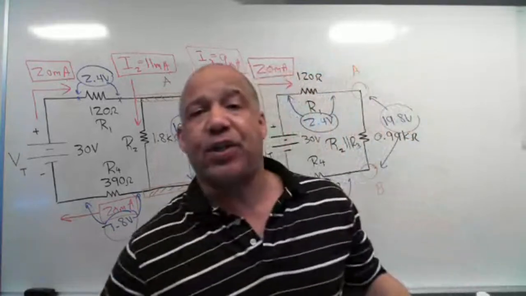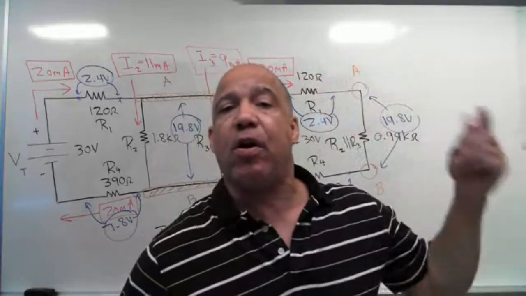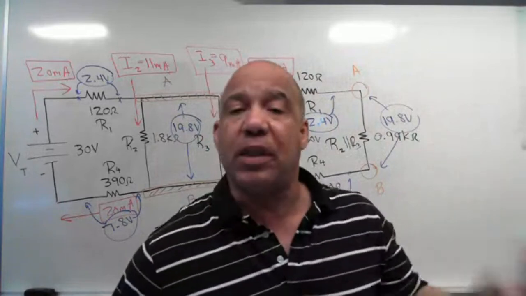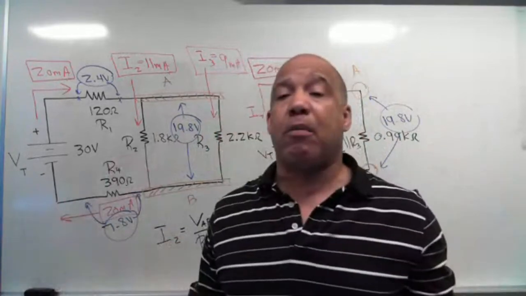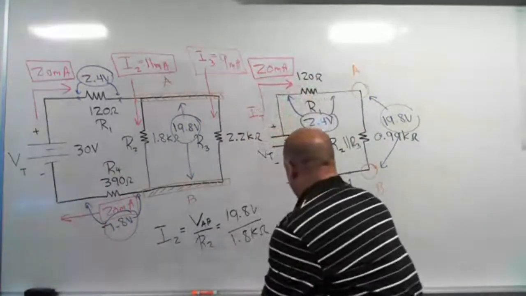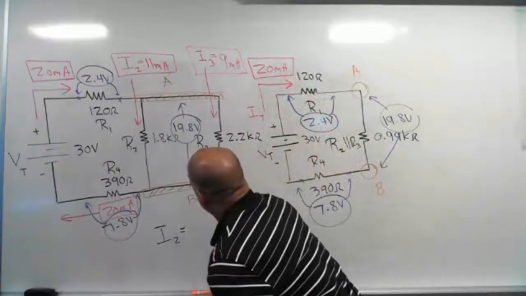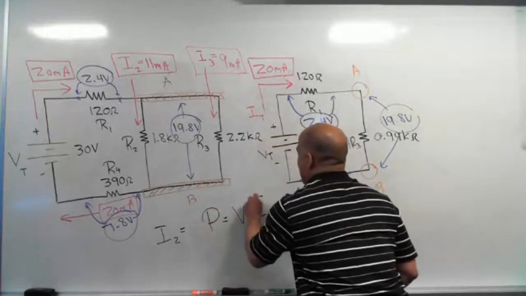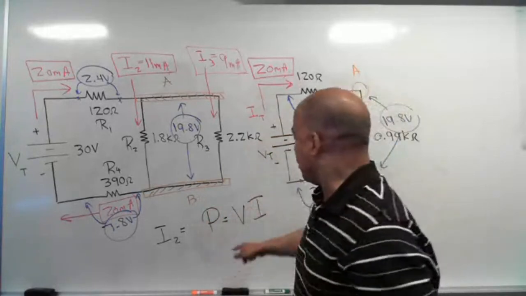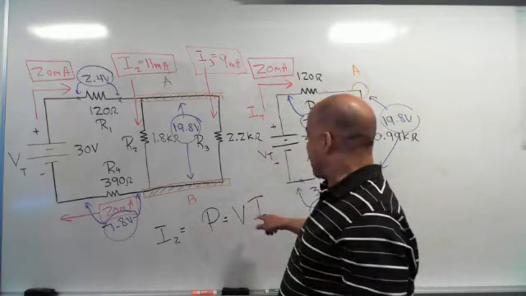The only thing I can ask you at this point on the quiz or exam or homework, the only thing that I can ask you that I'm not showing, is power. The way you get power is you take voltage times current, and if you look, you know the voltage for everything, you know the current for everything.